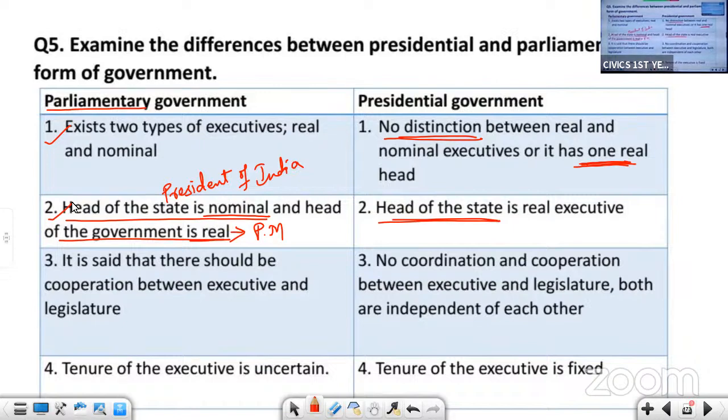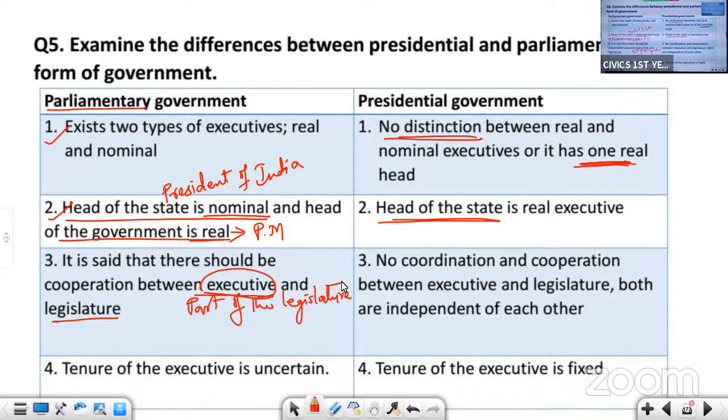In parliamentary form of government, there should be cooperation between the executive and the legislature. Why? Because the executives are part of the legislature. Executives are coming from the legislature. What happens in parliamentary form of government?